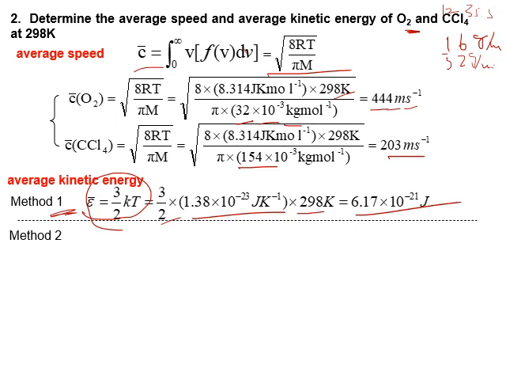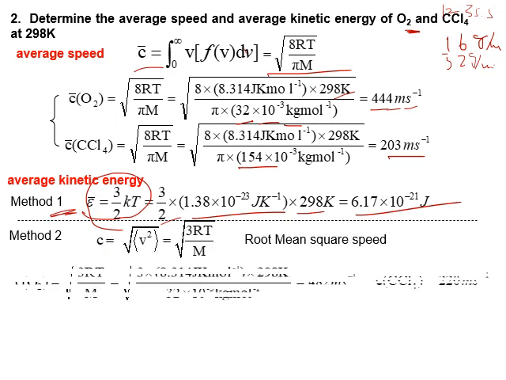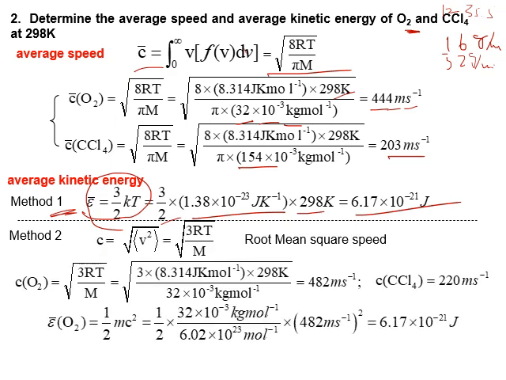In method 2, you can calculate each of them using the mean square speed. Remember, for a collection of molecules, the average kinetic energy is calculated by one half m times v squared average.